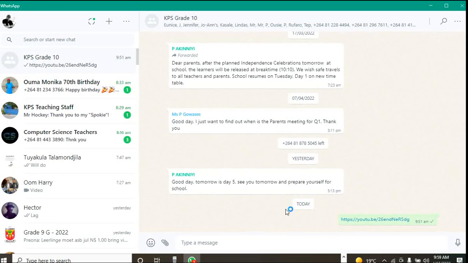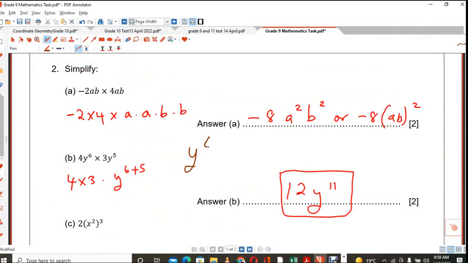So if the bases are the same and you're multiplying, then you add the indices. Don't forget that. So multiplication is actually not so difficult.